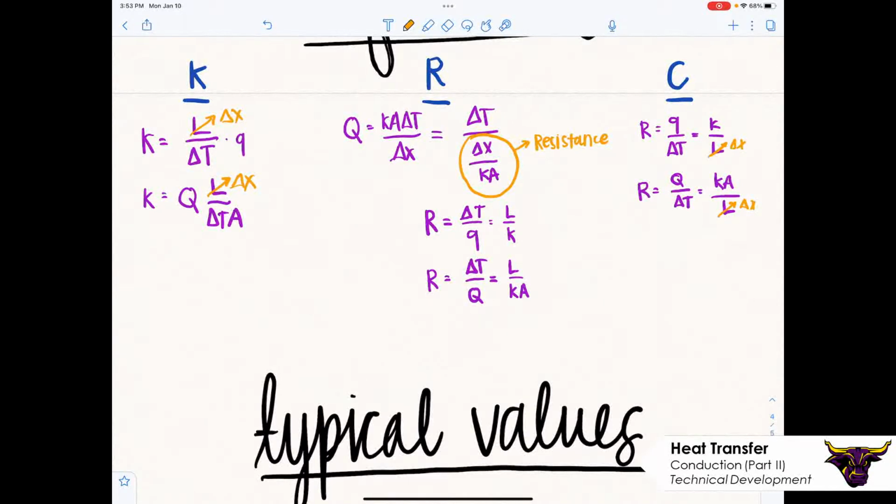Little q is the specific heat transfer per unit area. So, got to think about those units and how that plays out.